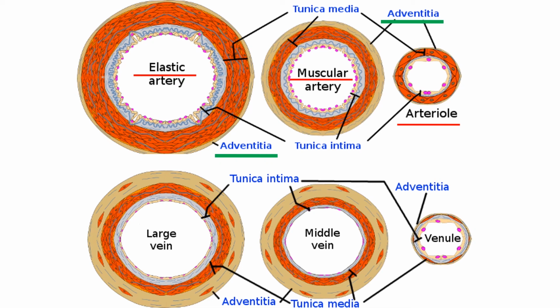And then when these conducting arteries get smaller, they become muscular arteries, and they are also made of three layers, and then they get smaller and smaller, and we reach the stage of arterioles. All of them have three layers in their walls.